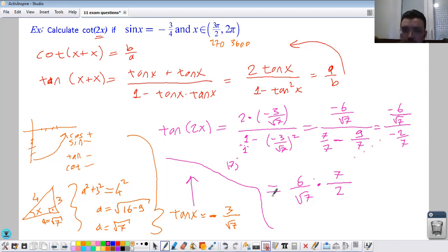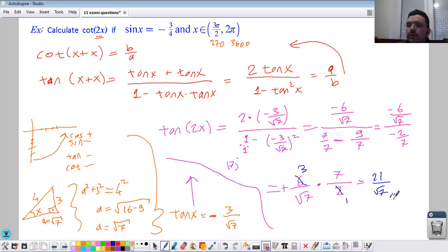Remember, minus over minus makes a positive result. So there you will get 6 times 7, 42 over square root 7 times 2. Oh, before we multiply them, check that 6 and 2 I can simplify. So let's simplify them before multiplying. Divide by 2: 3, and divide by 2: 1. 3 times 7, 21 over square root 7.